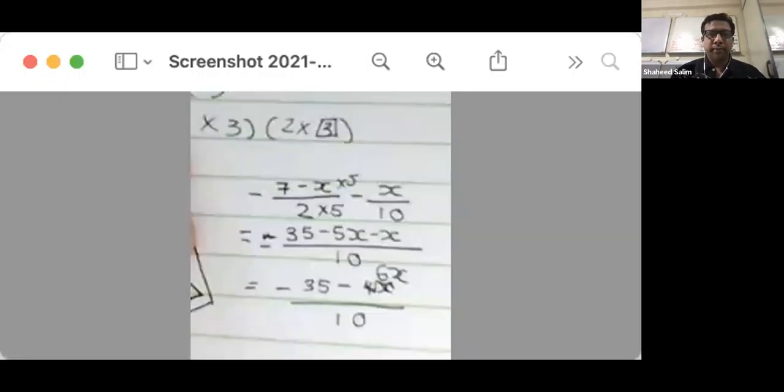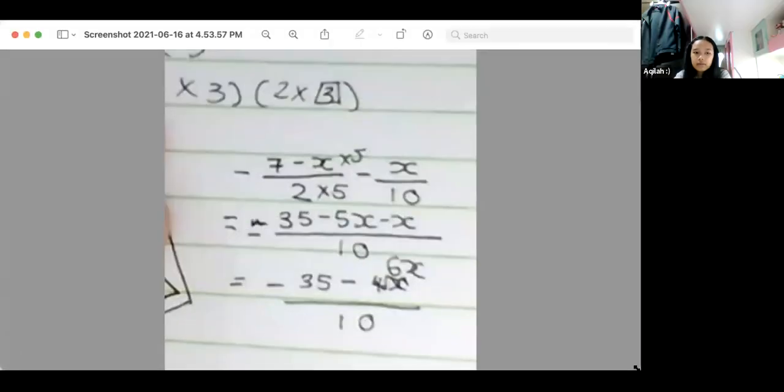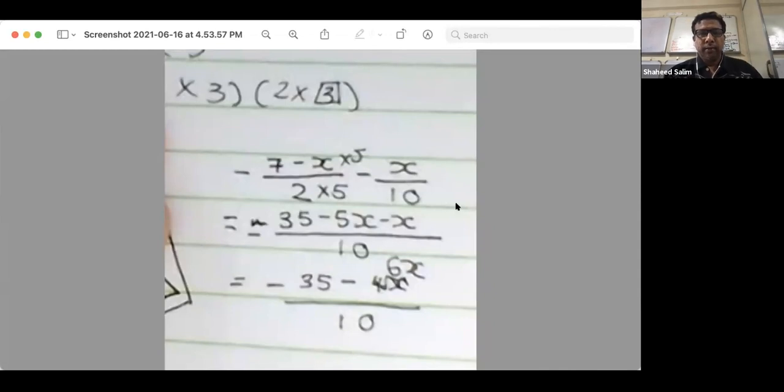This is the one, right? Yes, correct. So you times both by 5. Okay, it's good to have a bracket. We put a bracket here. 5 times x, 5x, 35, good.